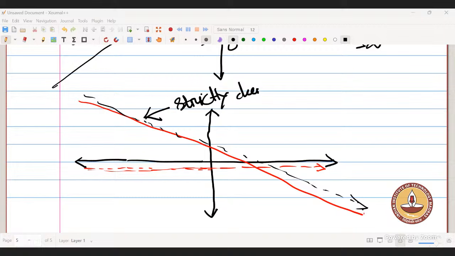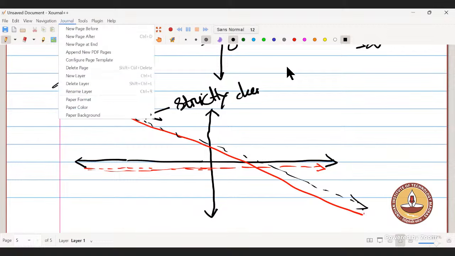Just a minute. Let me draw the graph of x cube.